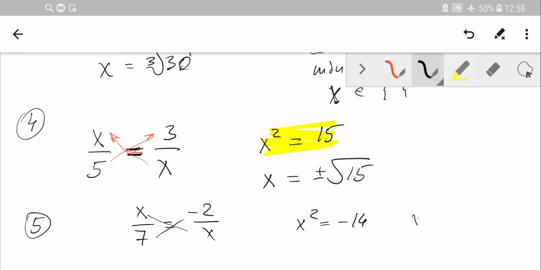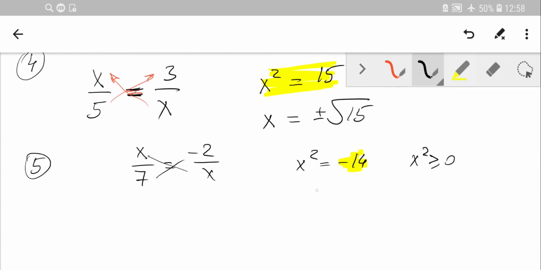In this case, in order to find x, we understand that x squared should be greater than or equal to 0. However, the right side doesn't satisfy that. So what to do in this case? Just say that we have an empty set of solutions, the empty set or its specific sign. So no solution.